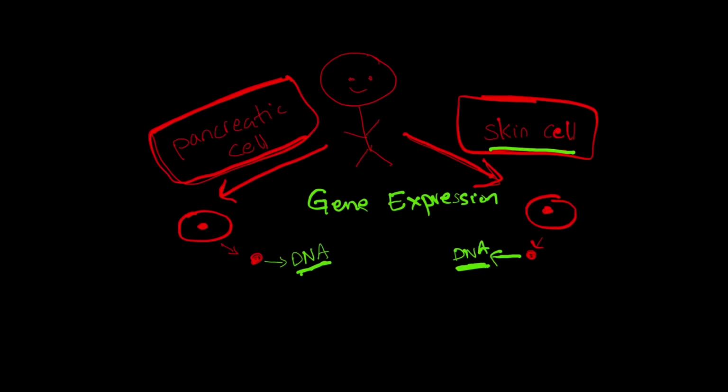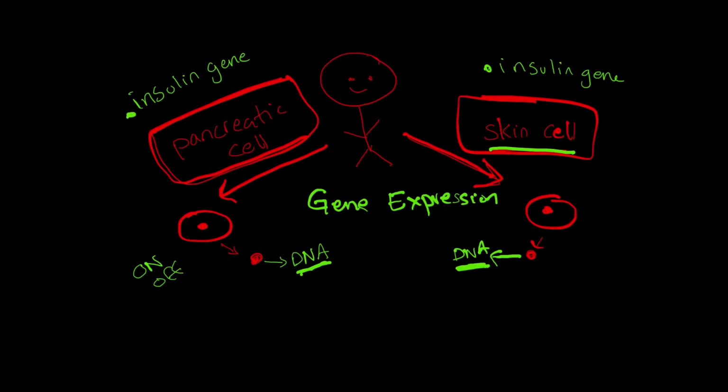So genes can be switched on or off. So for example, the DNA code for the insulin gene، وهنا insulin، يعني هذا جين الانسولين وهذا جين الانسولين.